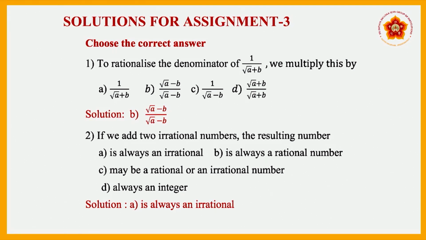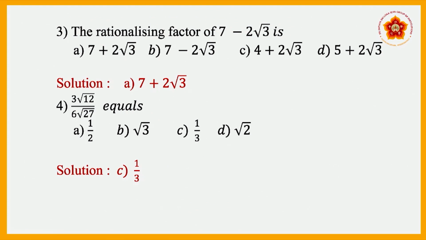Second problem, if we add two irrational numbers, the resulting number is, the correct option is A, always an irrational. If you are right, put a correct mark. Next, third question, the rationalizing factor of 7 minus 2 root 3 is, the correct option is A, 7 plus 2 root 3.